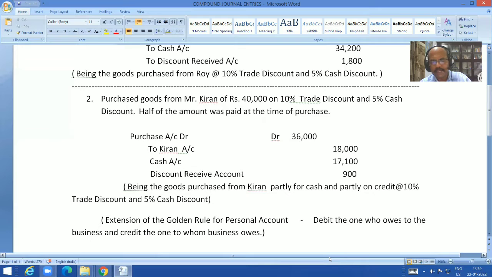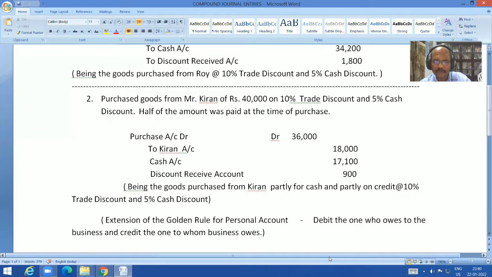Now, why has Kiran been credited? Well, this is something, a new concept too. I have already told you the golden rule for personal account is debit the receiver or credit the giver. But my students, an extension also is there.